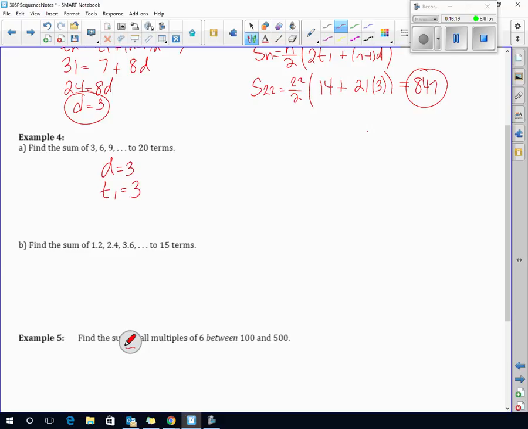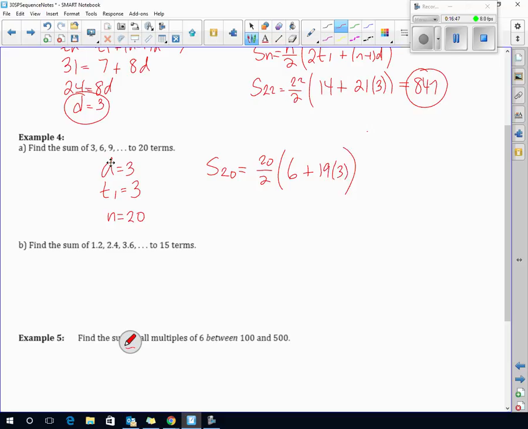So S20 equals 20 divided by 2 times 2 times the first term, which is 6, plus n minus 1, which is 19, times 3. If I punch that all in, I get 630. Did you get 630?